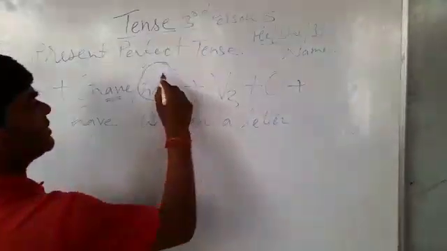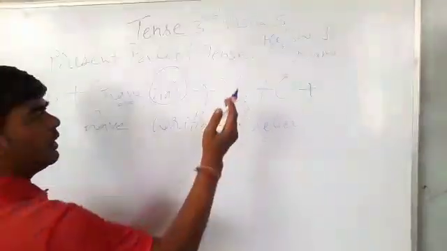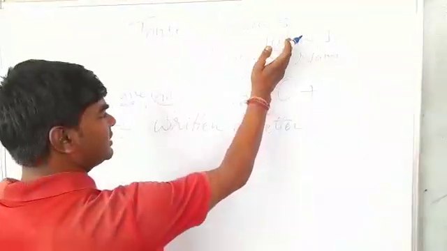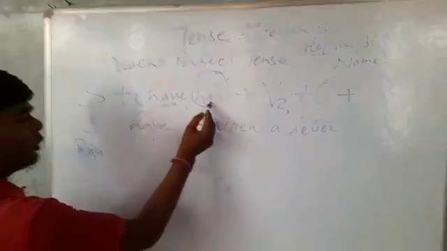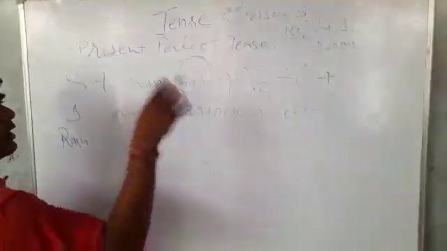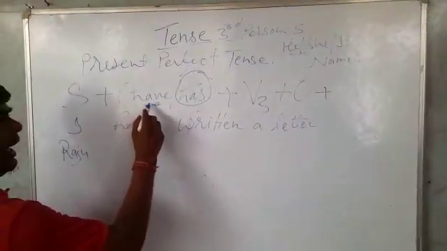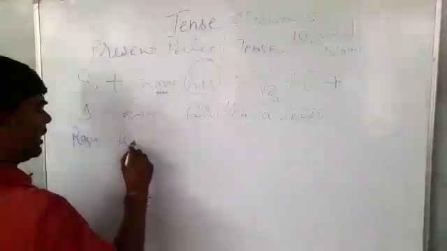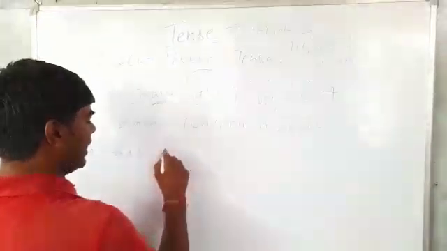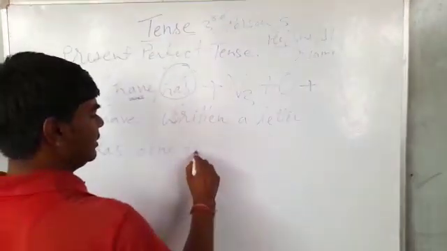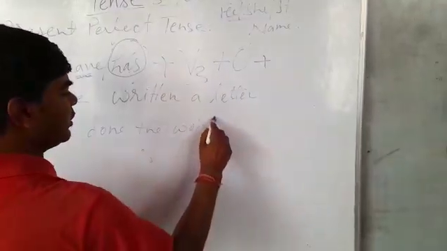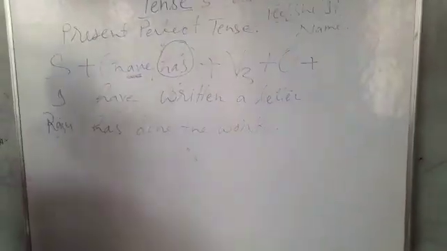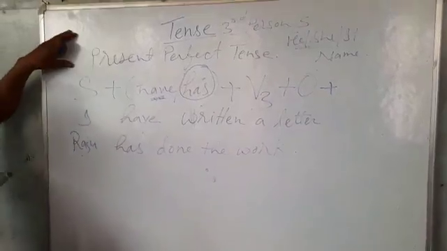If the subject is third person singular, then we will use has, and with the rest of the subjects we can use have. So Raju has done the work. So this is present perfect tense.